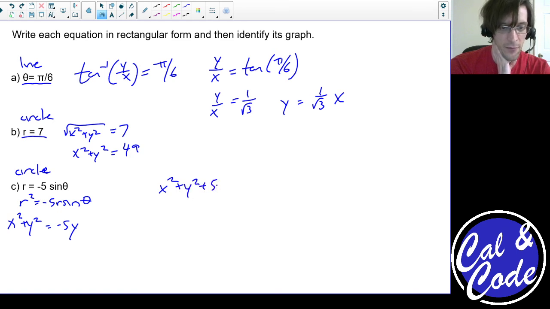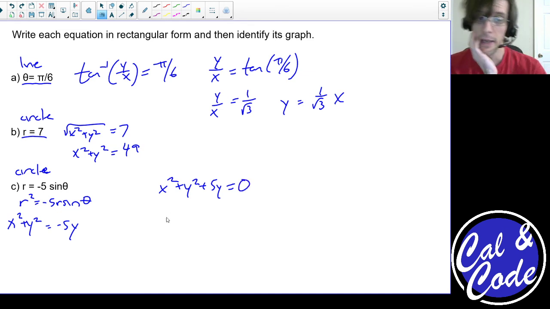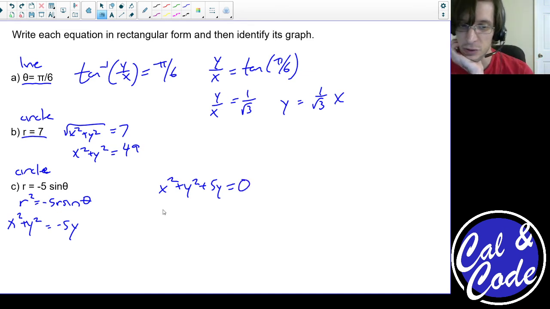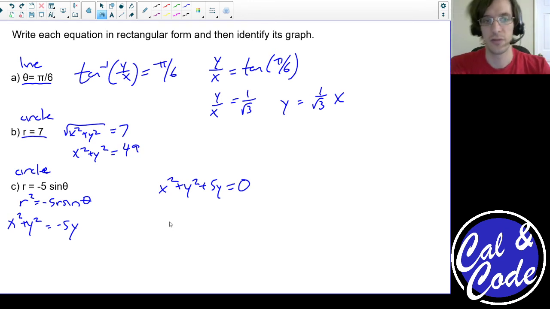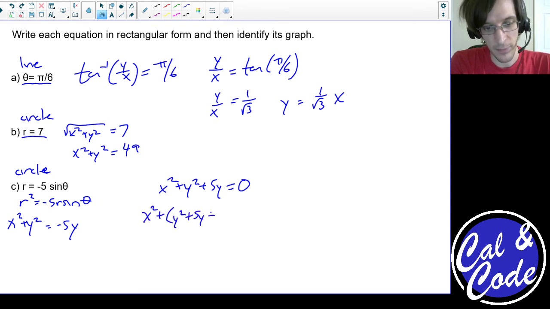If I add the 5y over, I get to here. And now we're just going to work on completing the square so we can make it look like the standard form of a circle. So I've got my x squared plus y squared plus 5y plus. To square this thing, what am I going to do? Well, I half it, 5 halves, square it, get 25 fourths.